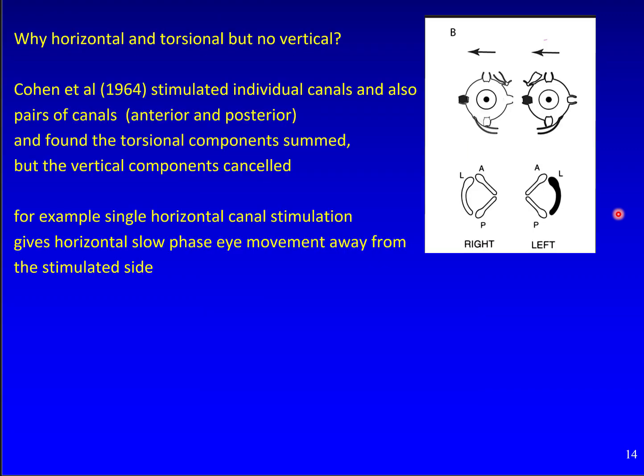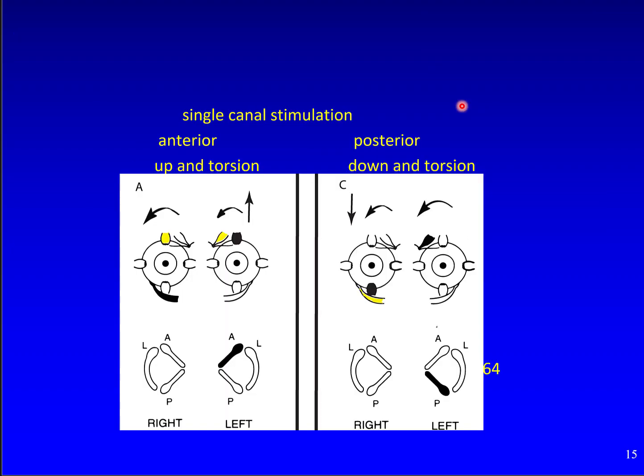Why is it horizontal and torsional but not vertical? Well, Cohen stimulated individual canals in cats and monkeys and looked at the eye movements. This is showing stimulating the horizontal canal, and you get eye movements in the horizontal plane. Single canal stimulation of the anterior canal causes upward and torsional eye movement. Single canal stimulation of the posterior canal causes downward and torsional eye movement.